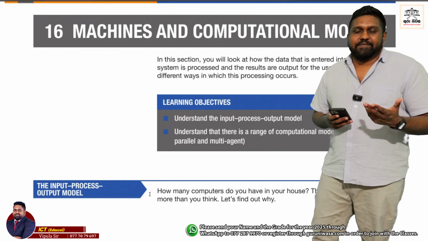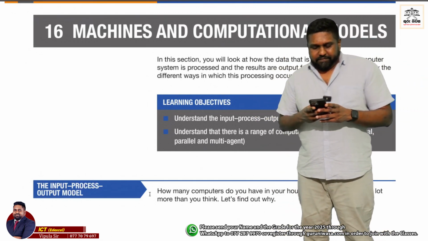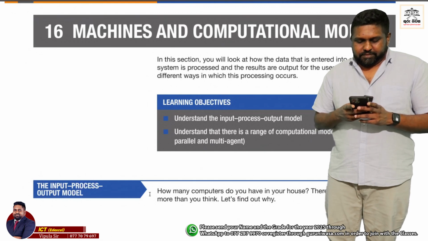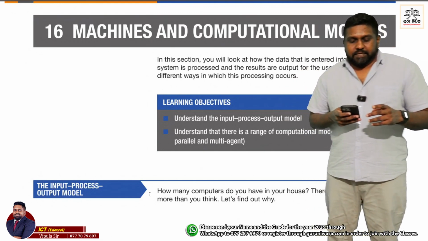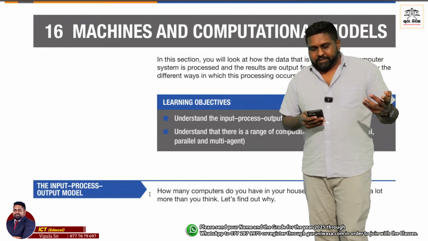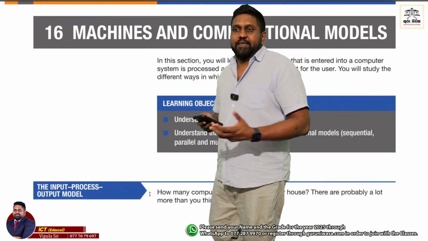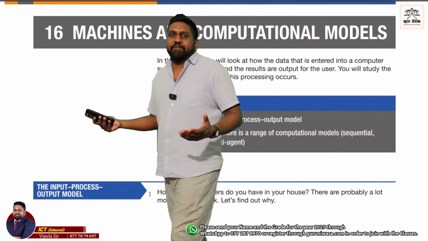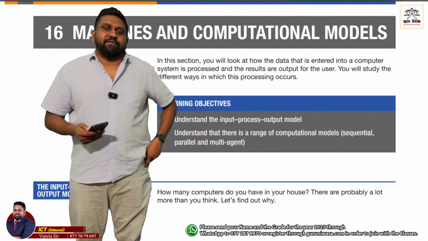Okay, there are a couple of differences between these, right? So now, data and information. Primarily, data is a set of facts and figures. Data is just a set of facts and figures.